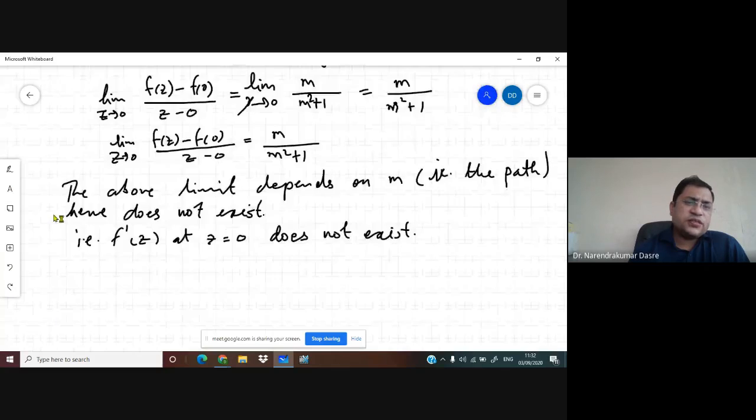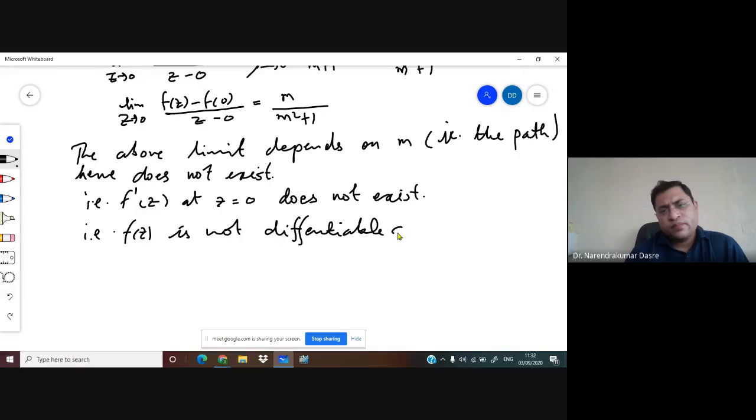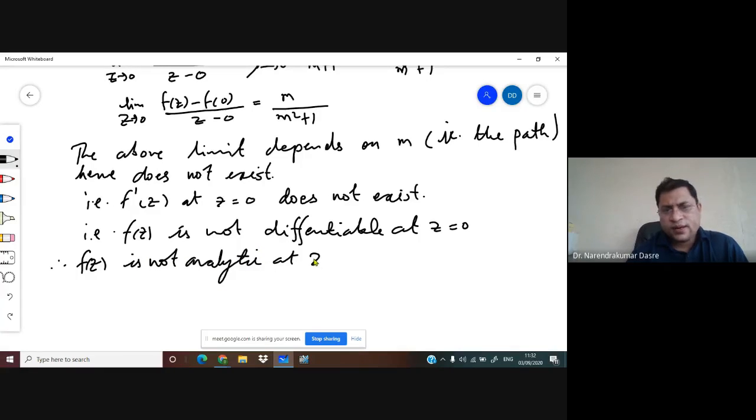If it does not exist, that means it is not differentiable. So f of z is not differentiable at z equal to 0, and hence we can say f of z is not analytic at z equal to 0.